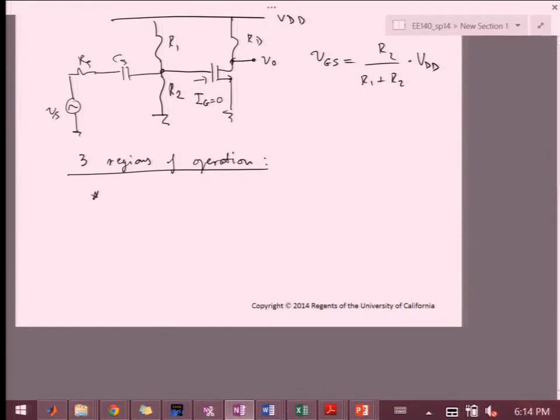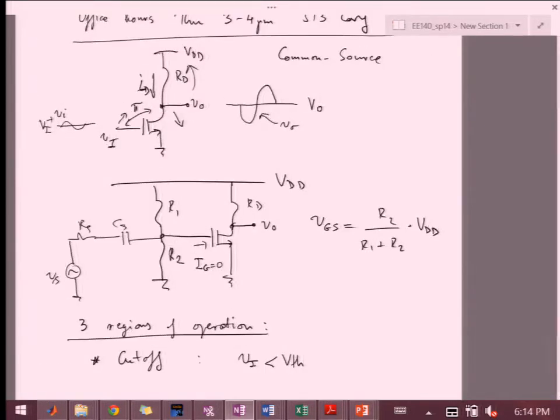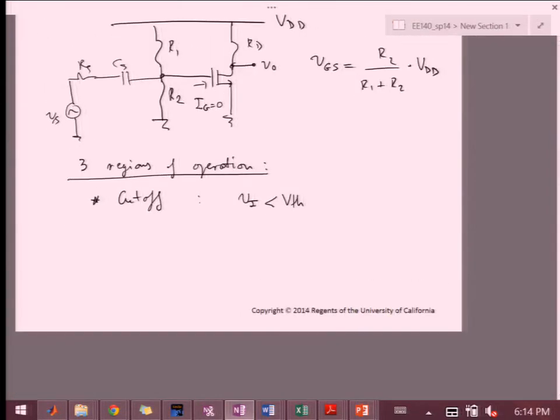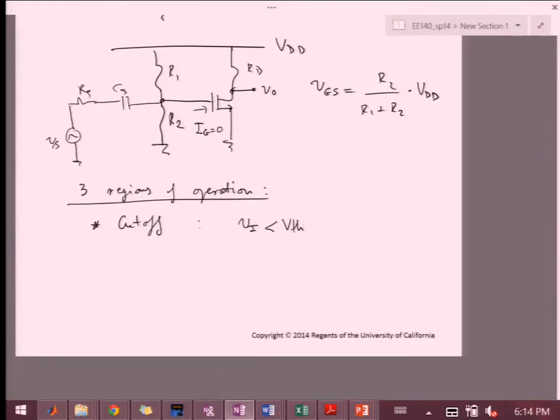One is we're going to call cutoff, and that is for VI smaller than V threshold. In that sense, if this input node is smaller than the threshold, obviously this transistor is off. And if it's off, the drain current is 0. There's nothing. The output voltage is VDD. Then the next one is going to be linear.